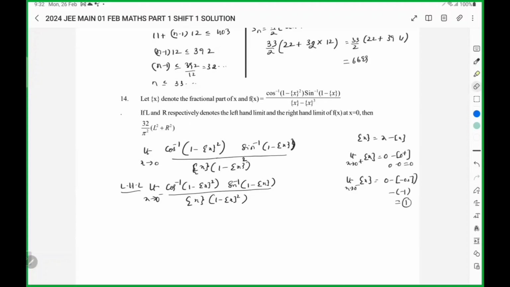Now let us substitute. 0 minus means it is 1. 1 minus 1, cos inverse 0 we get, which is pi by 2. Sine inverse 0 minus, that is 1. Sine inverse 0 you get.